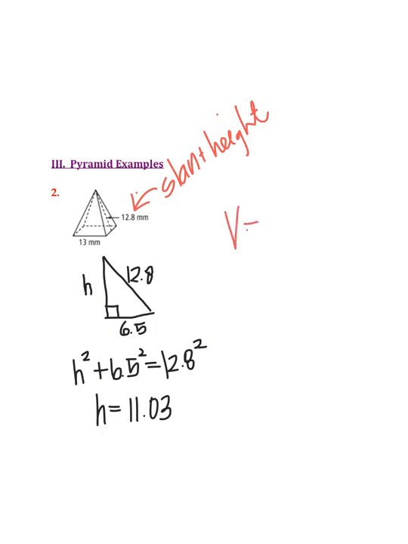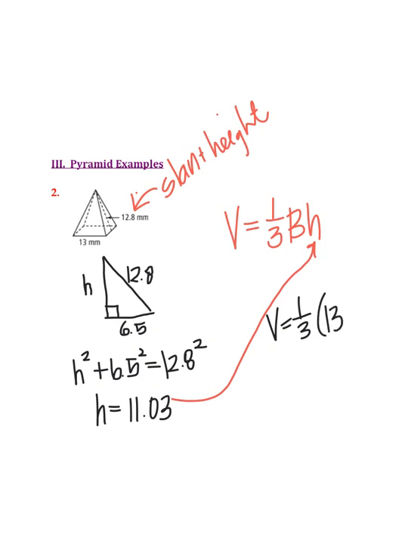The preference there would be to just keep that running in your calculator and just drop it into your volume formula. So volume is 1/3 area of your base times your height. So to just put that straight into that height, my volume is 1/3. My base is going to be 13 times 13, so 13 squared. And then I've got 11.03.